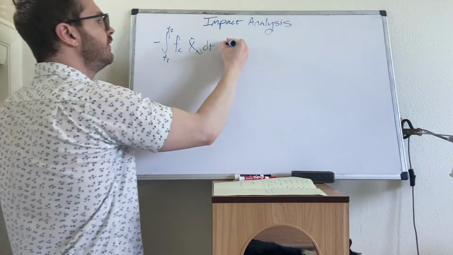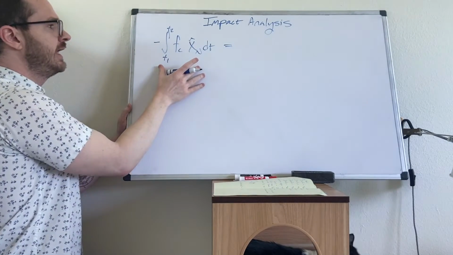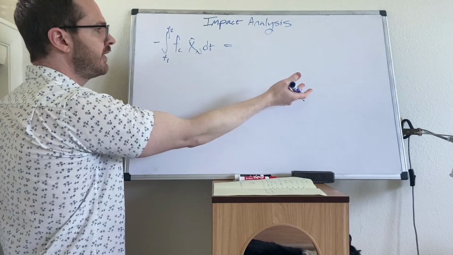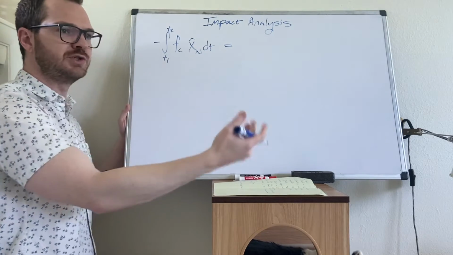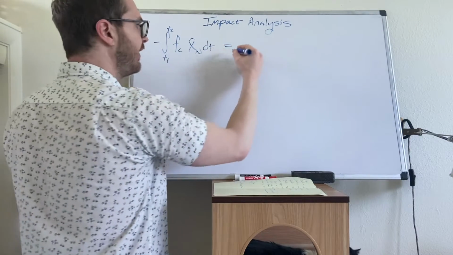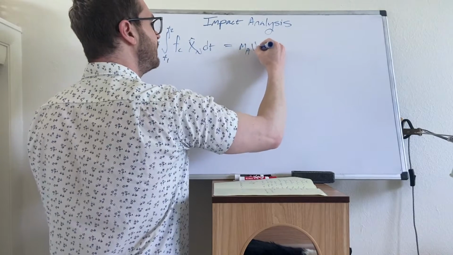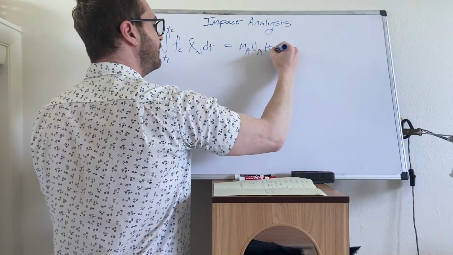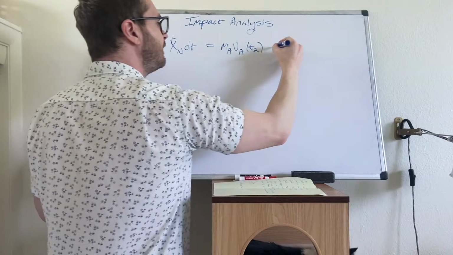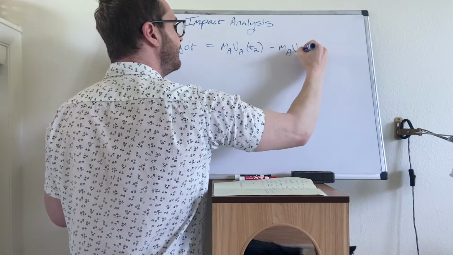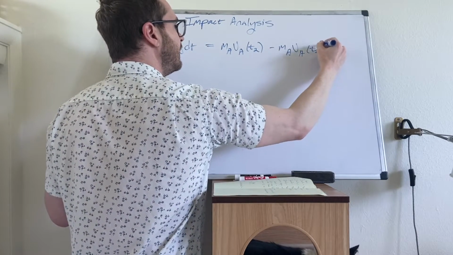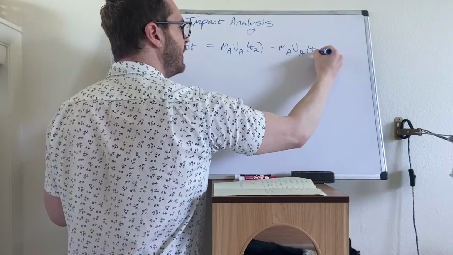Okay, so I have written it as the integral, which means the right-hand side of the equation is the change in momentum. So we have ma va at time 2 minus ma va at time 1.